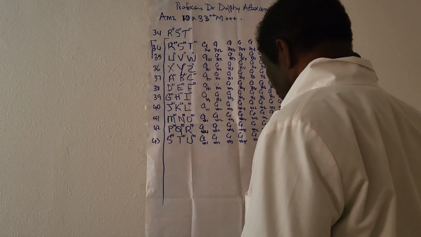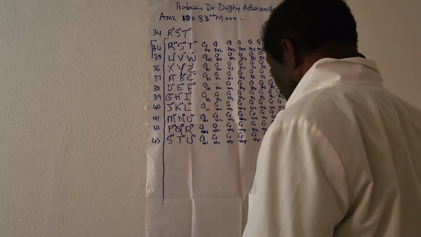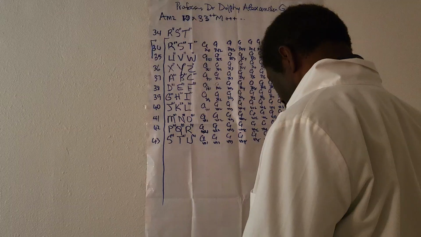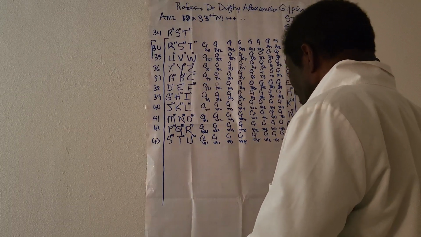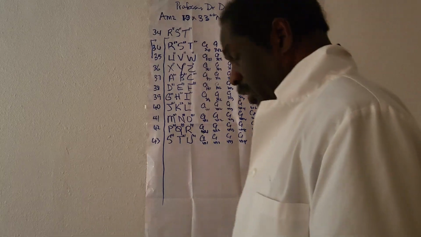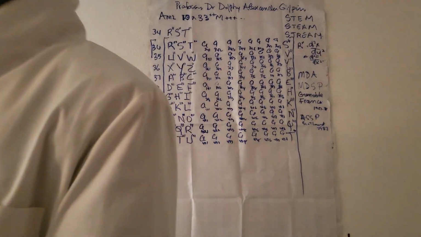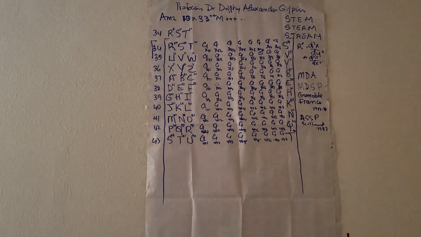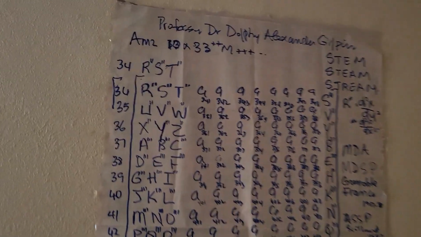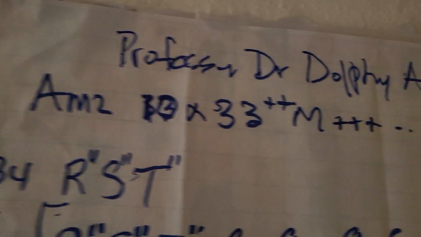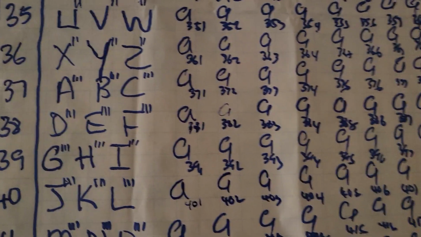Just put it off to molybdenum. 43 would be in chemistry atomic number of technetium. Magnified view there.